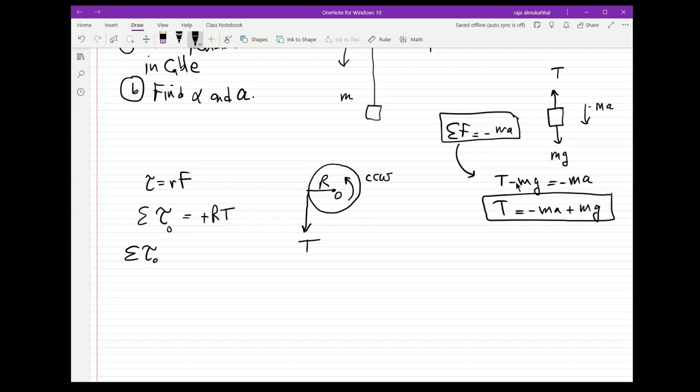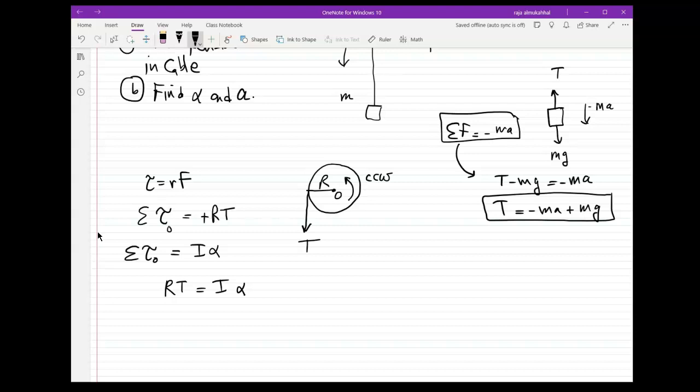Sum of the torques is equal to I alpha. Remember we talked about that? I alpha is the rotational analog. So this RT right here is equal to I alpha, just like this collection of forces is equal to ma. So I have here RT equals I alpha.